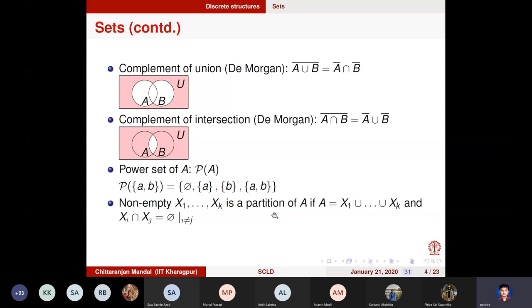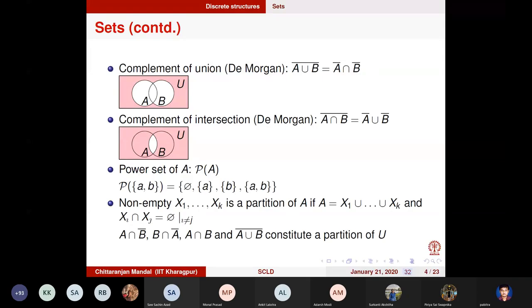Okay, so these are two important definitions, the power set and the partition, which you keep in mind. Here is an example, and this is also an important example. There is one partition which any universal set has.